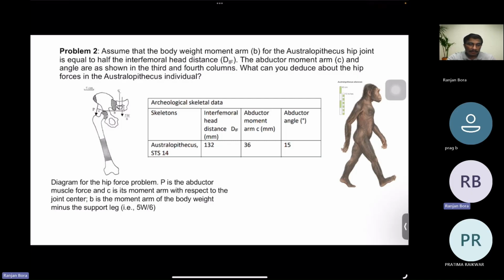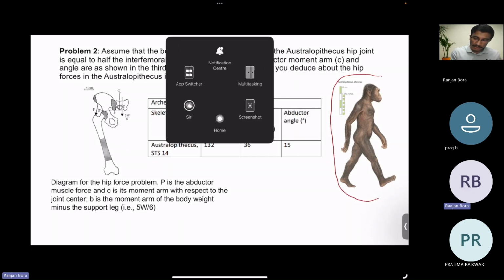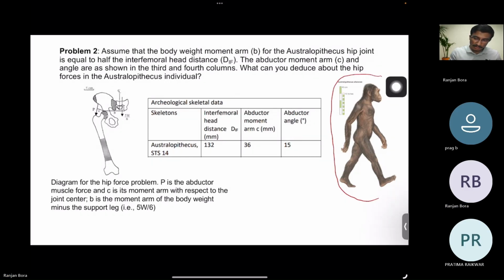So the next problem is, you can see here this is the skeleton of some of our ancestors. The problem is saying the body weight moment for the Australopithecus hip joint is equal to half the interfemoral head distance DIF.